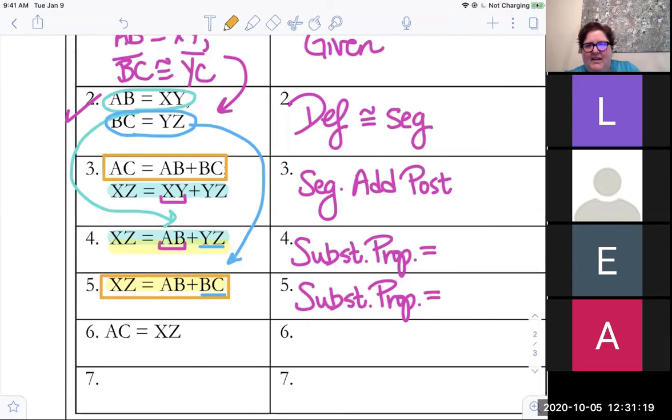Because you're taking the whole side of the equation from number 3 and the whole side of the equation from number 5, putting them together. Both of them have AB plus BC. We can cancel those out and go straight from AC to XZ.